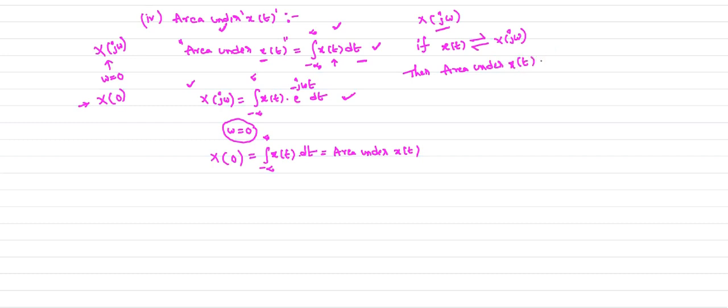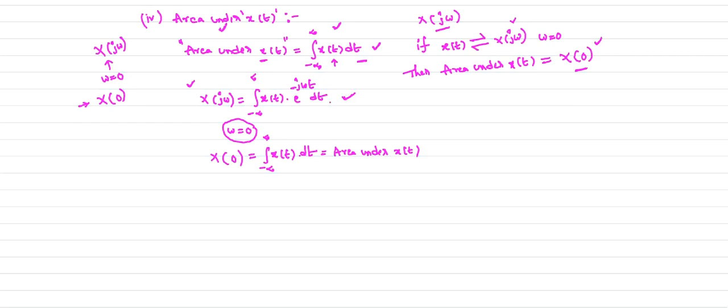That is equal to capital X of 0. You just simply put omega equal to 0 for your frequency domain signal, and you directly get the area under your time domain signal.